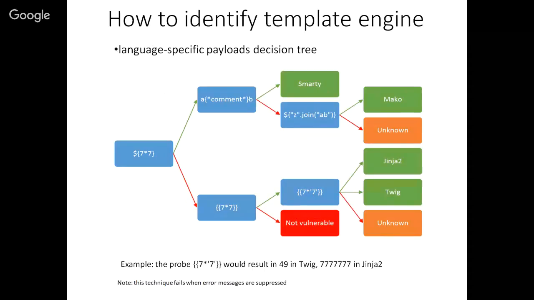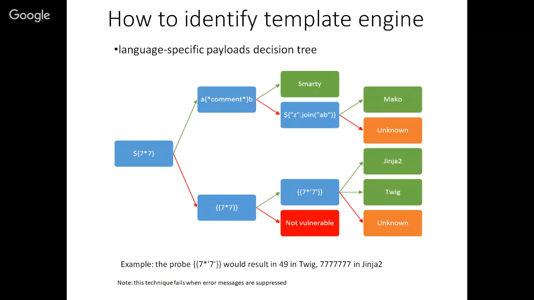Now the second thing is how to detect template engines. As I showed in the previous slide, there are a lot of template engines. So how can we detect the specific template engine that has been used, so that we can make our payloads according to it to exploit the target, right? For identifying template engines, a decision tree is used.